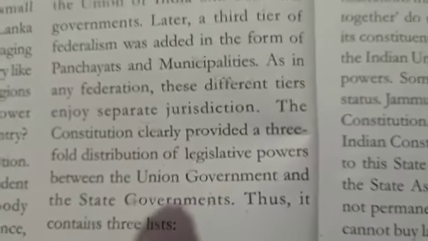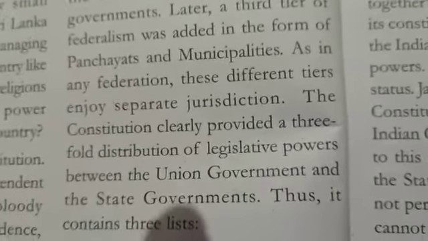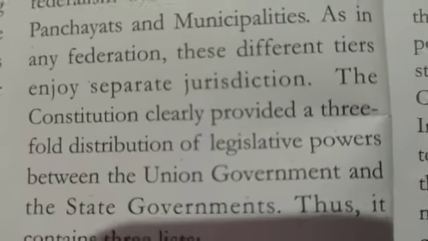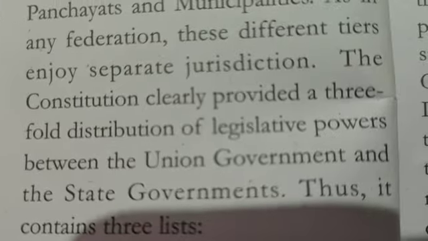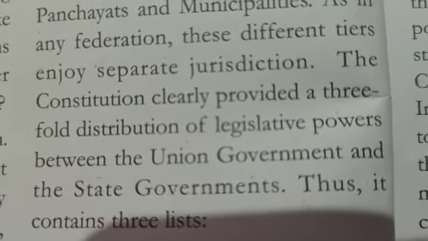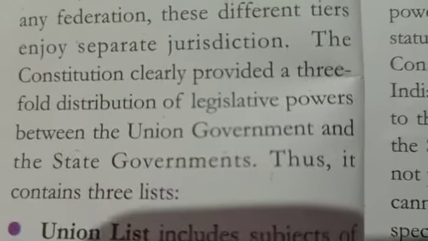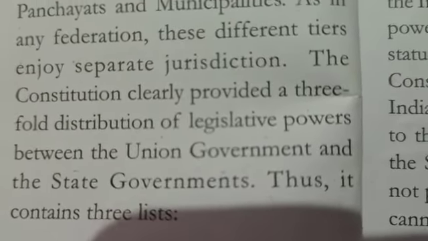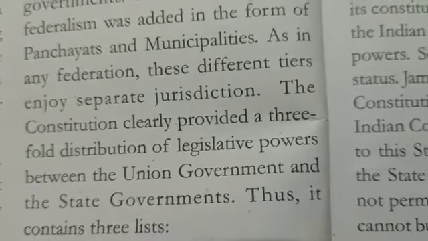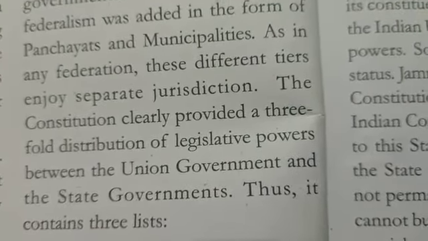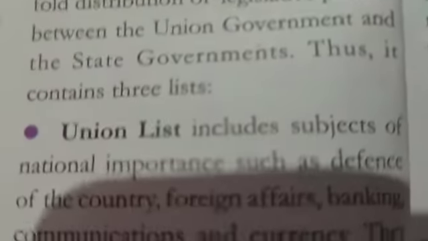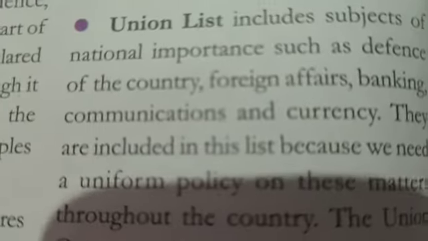The union list contains subjects of national importance, such as defense of the country, foreign affairs, banking, communication, and currency. They are included in this list because we need a uniform policy. On these matters, the union government alone can make laws relating to subjects mentioned in the union list.